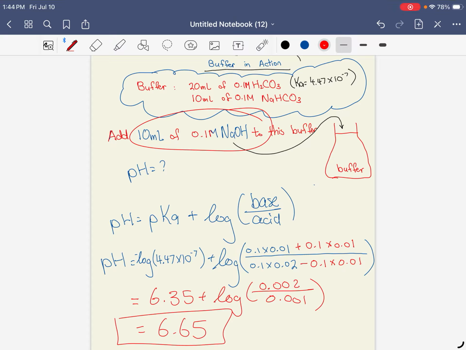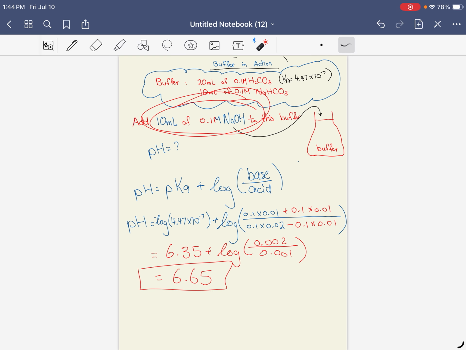Makes sense. Obviously, this pH is not going to shoot all the way up to higher than 7, though it will if you put in a lot of base. There's no such thing as a buffer that will buff forever. But that's the idea here.